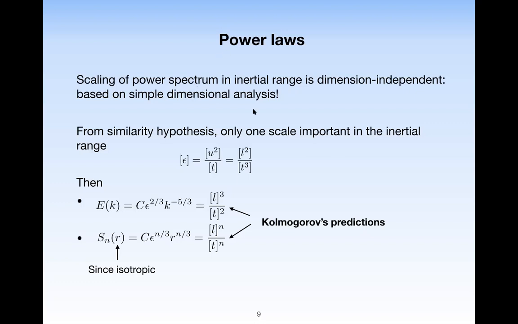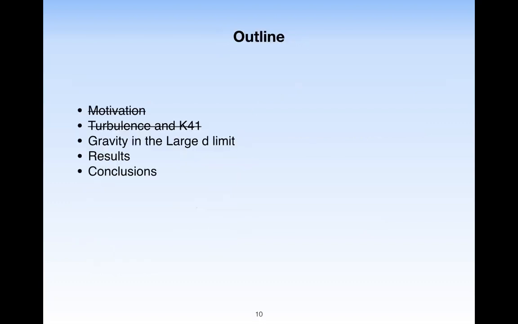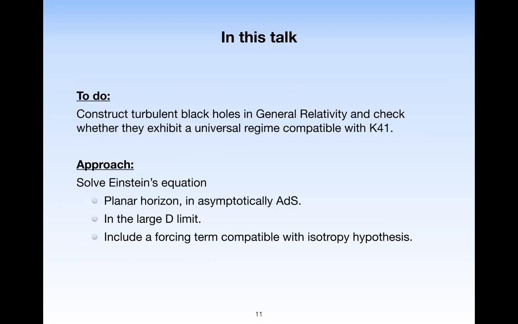Yeah, sure. Okay, so with this, I essentially finish my introduction. So let me recapitulate what the plan for the talk is. Here we want to construct turbulent black holes in general relativity. And we want to check that these black holes exhibit a universal regime. And then we want to test that this universal regime is actually compatible with Kolmogorov's K41 theory.